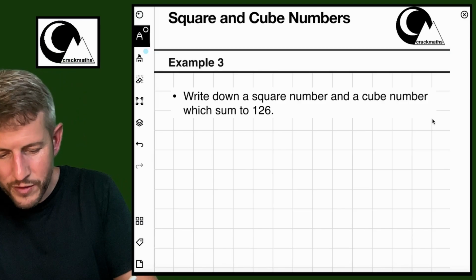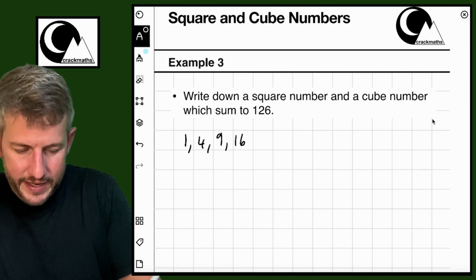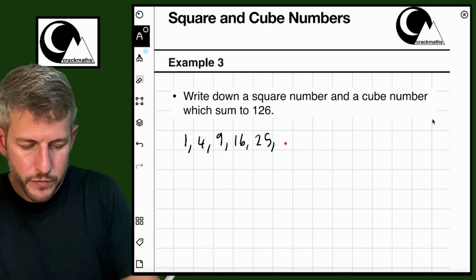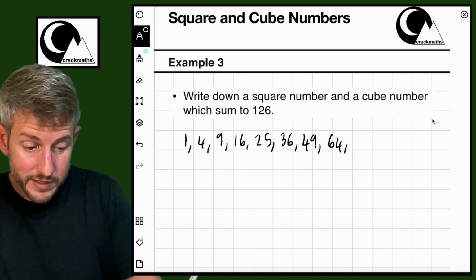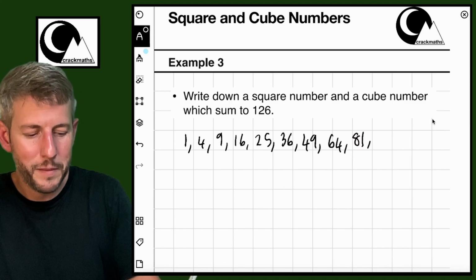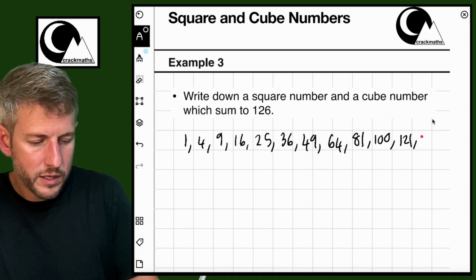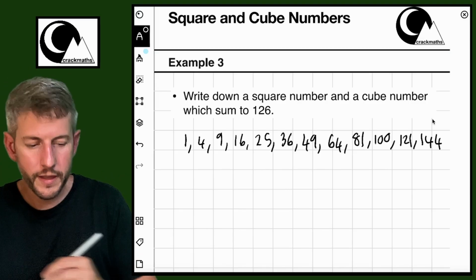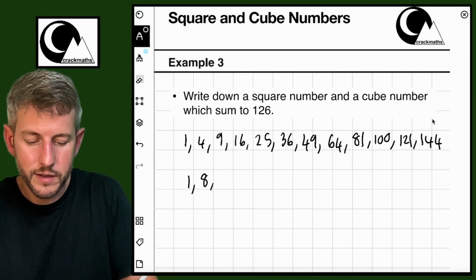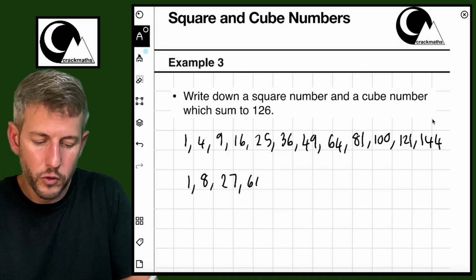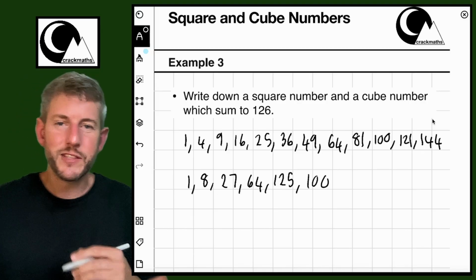So the square numbers are 1, 4, 9, 16, 25, 36, 49, 64, 81, 100, 121, and 144. The cube numbers that we've got are 1, 8, 27, 64, 125, and 1000. These are all the ones that we're meant to know.